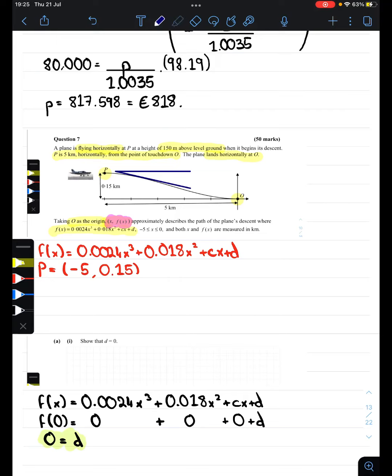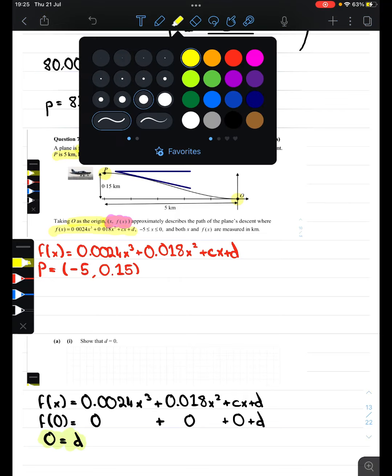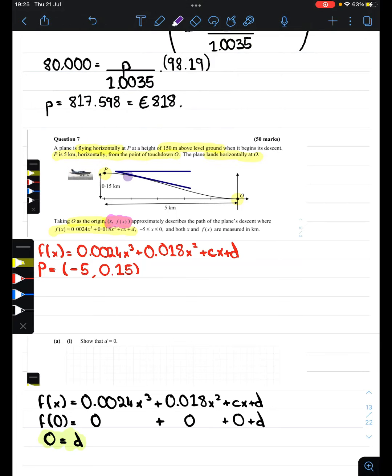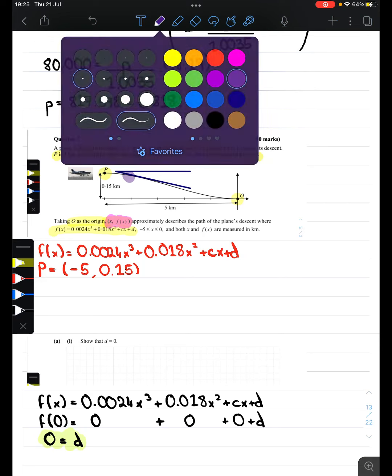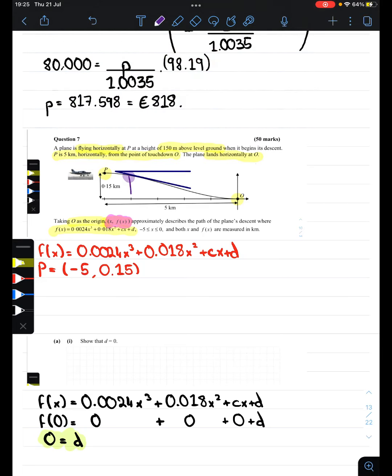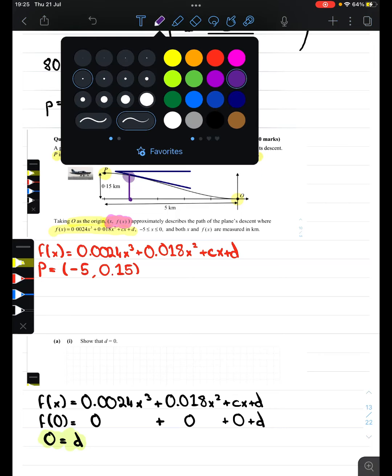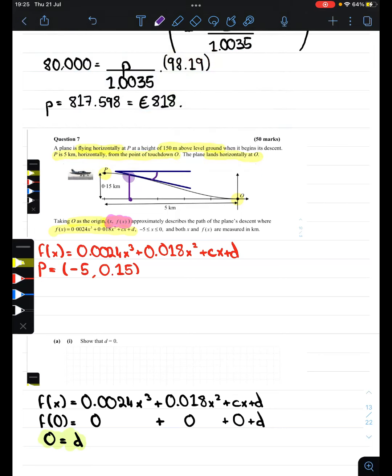So at this point here, 4 kilometers from touchdown, close to 4 kilometers, the angle of descent would be this. This is our theta.